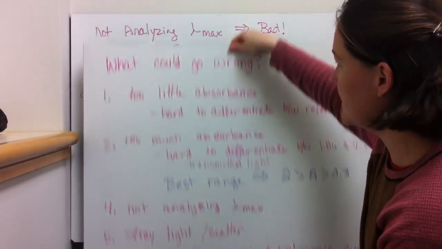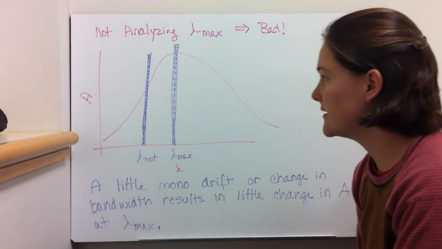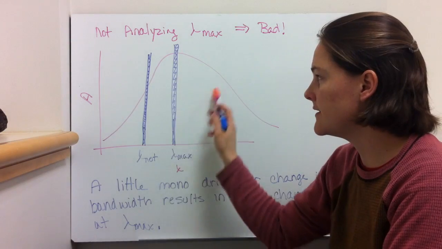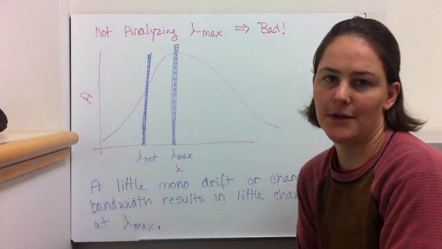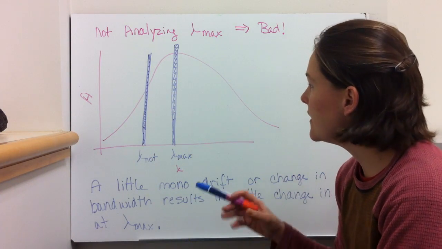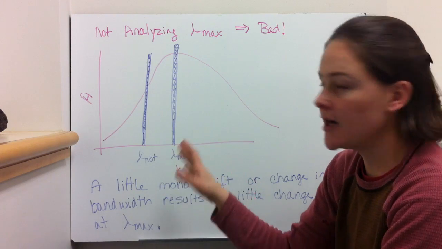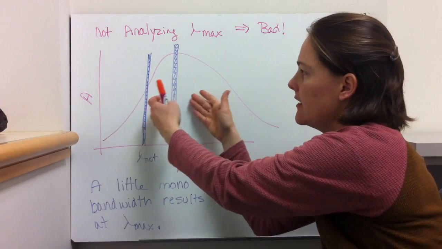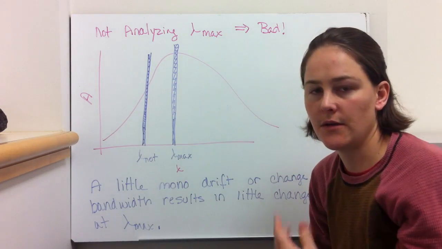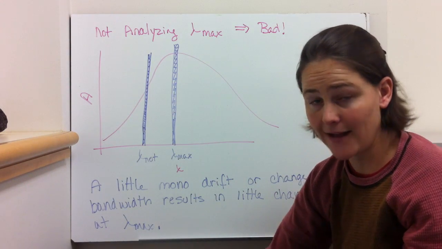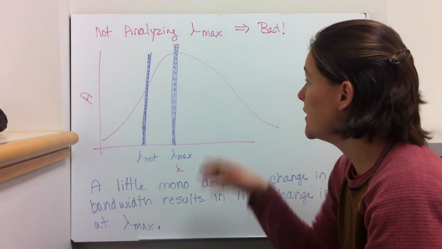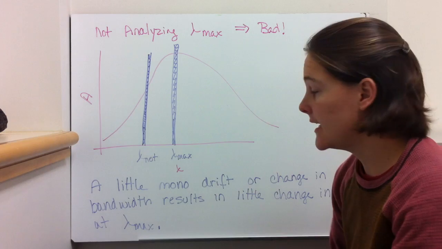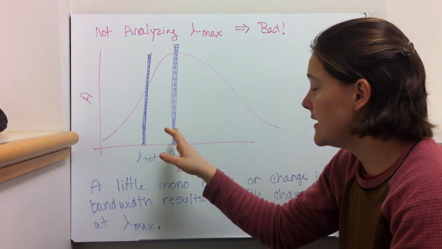So what happens if you don't analyze at lambda max? Say here's lambda max of this absorbance peak, and here's lambda not max. If you have a little bit of drift in your monochromator, so your lambda changes a little bit, or you have this band that I'm showing, because oftentimes you don't have exactly monochromatic light, so you have a little bit of broadening of this band with a few more wavelengths getting in, at lambda max it's not such a big deal.